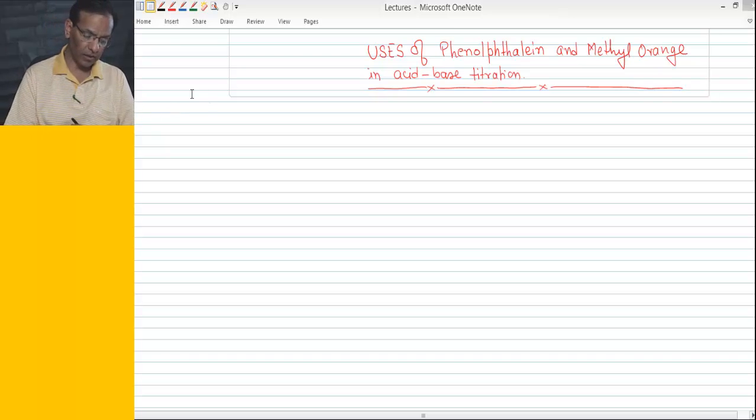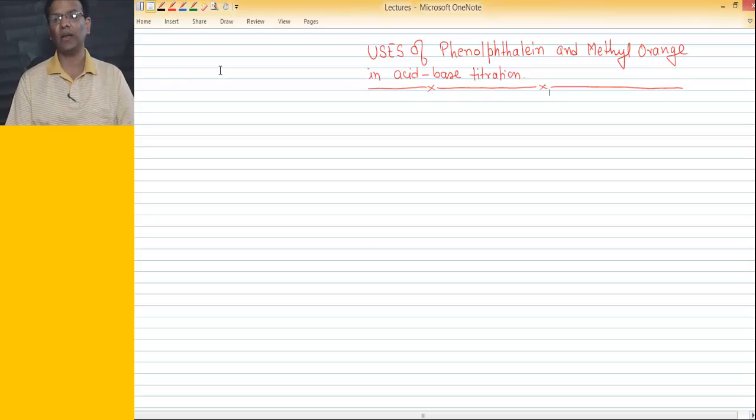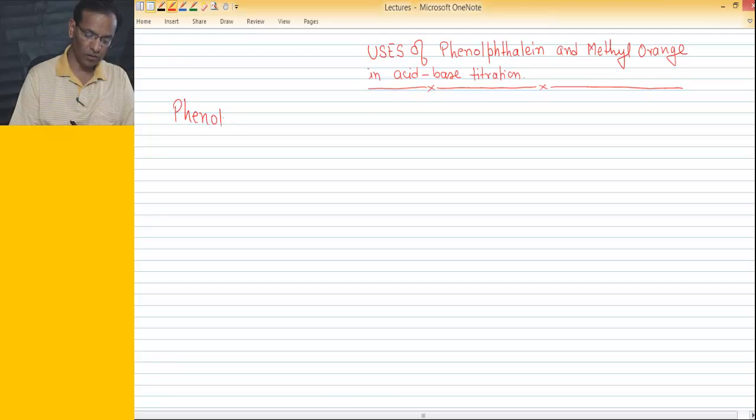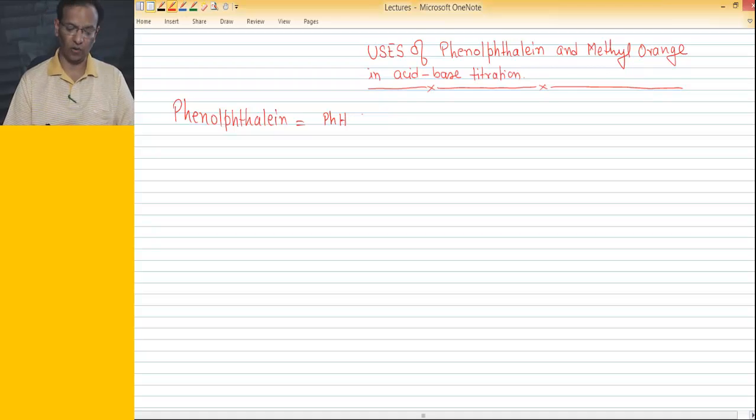So first of all, let us know something about phenolphthalein and methyl orange. Phenolphthalein, let us indicate it by PhH, where H indicates the acidic hydrogen. This acidic form of phenolphthalein is colorless.